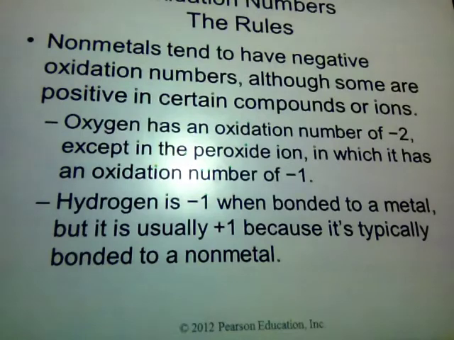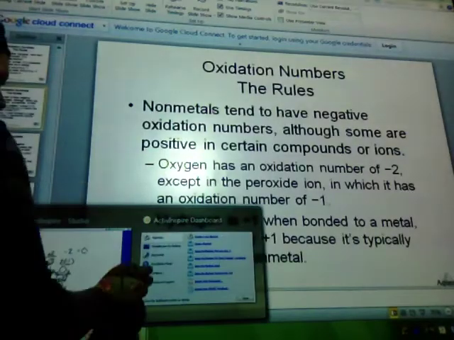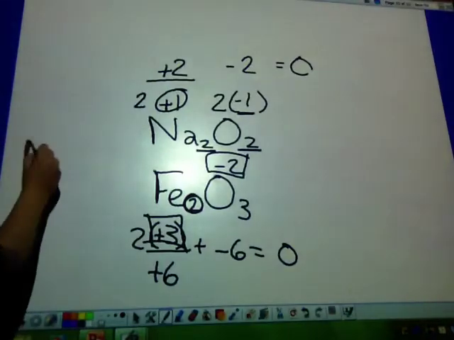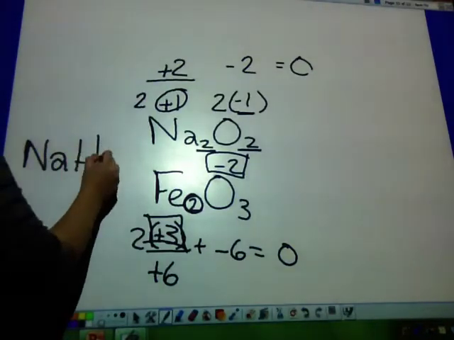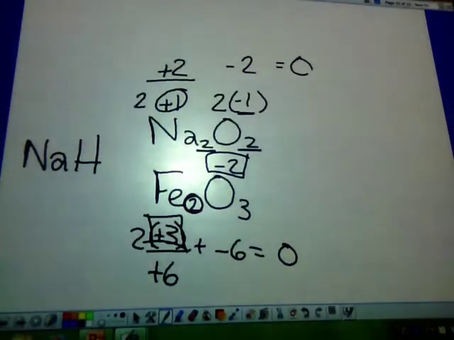Okay, so hydrogen is typically a +1 oxidation state unless it's bonded to a metal. Hydrogen is a -1 when it's bonded to a metal, but any other time it's going to be a +1 because it's usually bonded to a nonmetal. So if we had sodium hydride, sodium's always a +1.